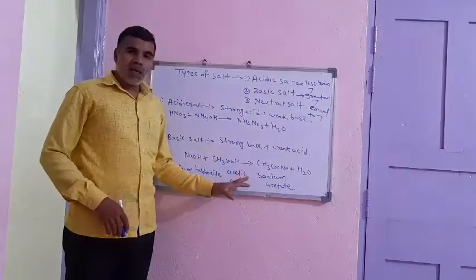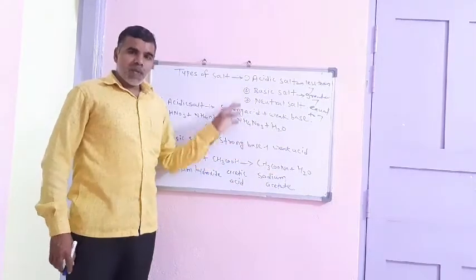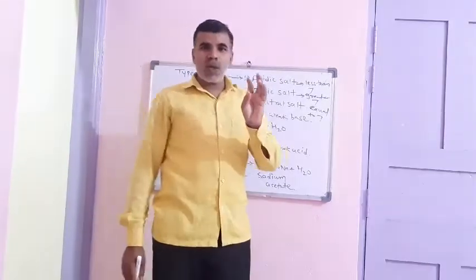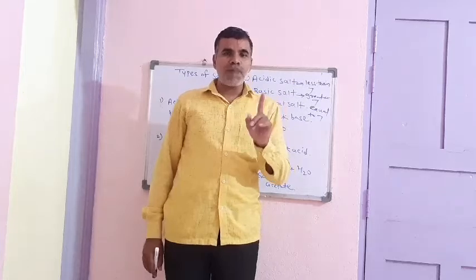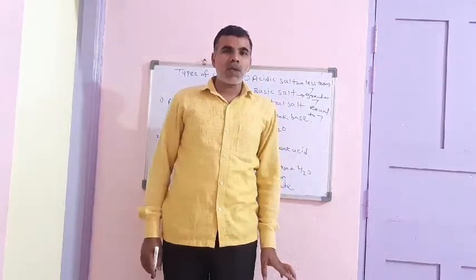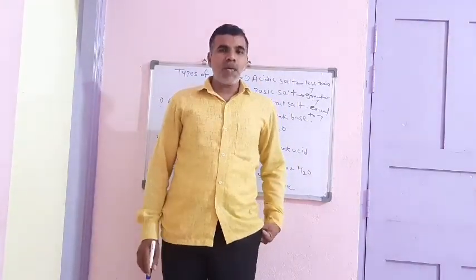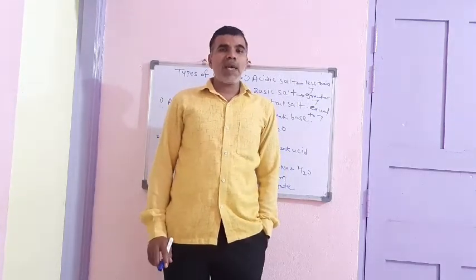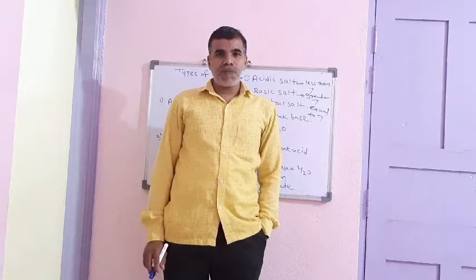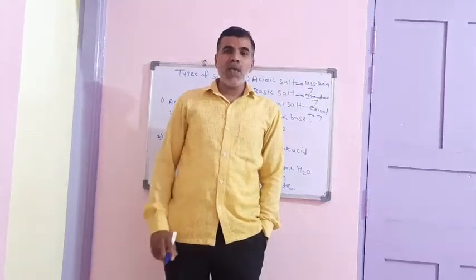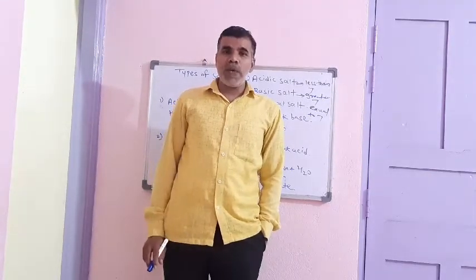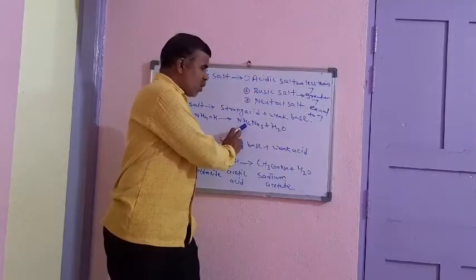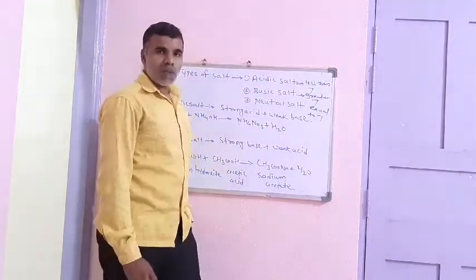मग हे या ठिकाणी व्यवस्थित लक्षात ठेवा. टाइप्स ऑफ सॉल्ट, there are 3 types of salt: acidic salt, basic salt and neutral salt. Number first, acidic salt. Acidic salt is formed by neutralization reaction between strong acid and weak base. Example, HNO3 plus NH4OH, we get ammonium nitrate and water.